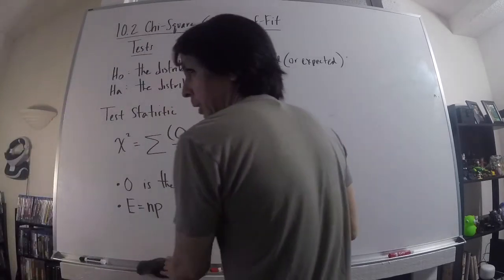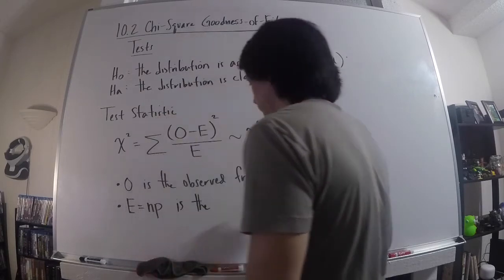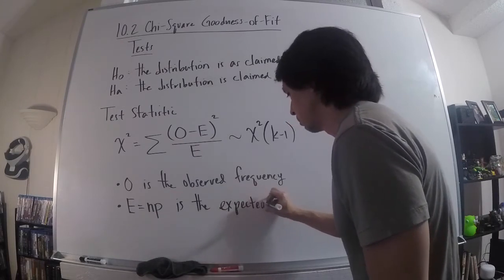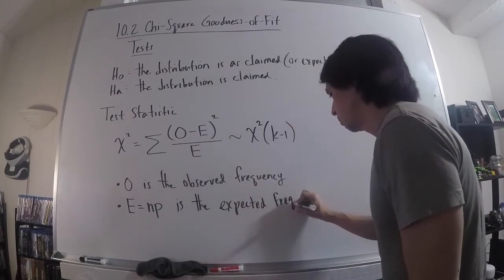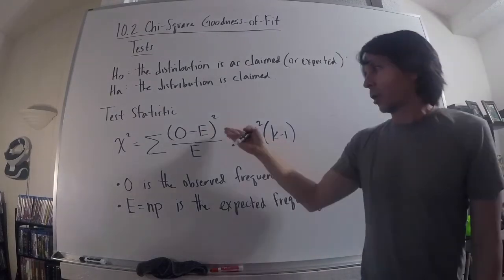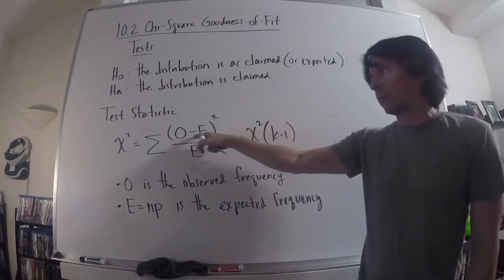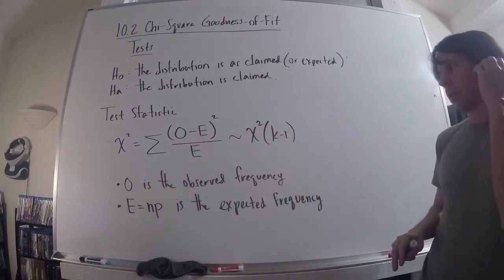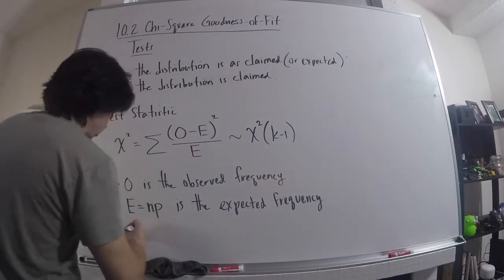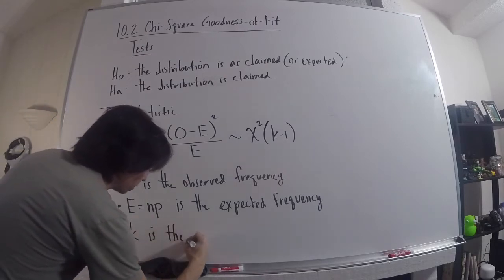So we'll have to compute E's on our own, but they are defined to be the expected frequencies of each category. Okay, and that's all you need. It does take a little building in the list feature to get there, but all it involves is O's and E's for each category. How many categories? That's important, and that's what k stands for. The lowercase k here is the number of categories.